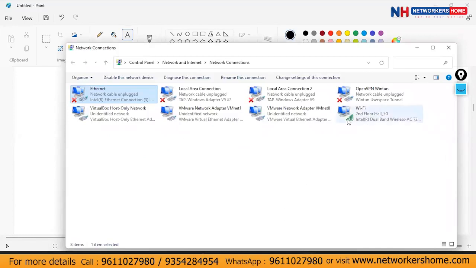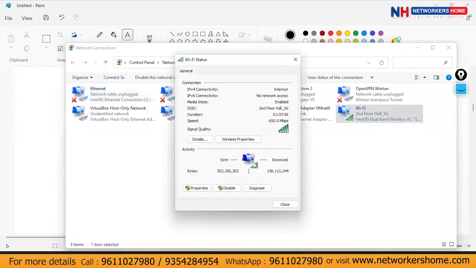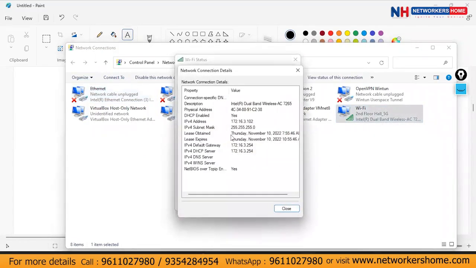Okay. So right now, let's say I'm connected to the Wi-Fi. For my local network, I'll be using some IP. So what IP am I using? See here, 172.16.3.102. Which class? B. Okay. So I'm using a class B address, and it is in the range 172.16.3.102.